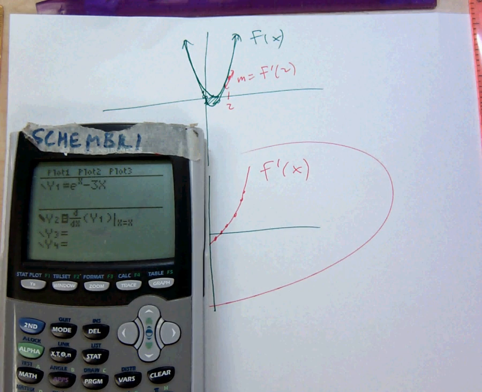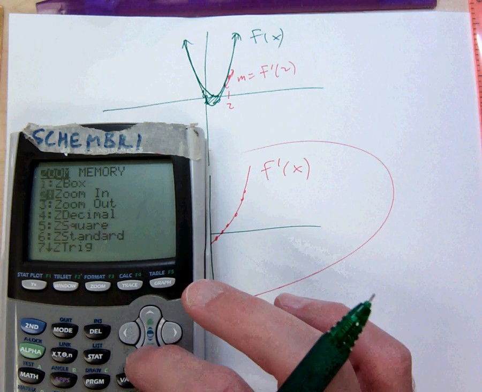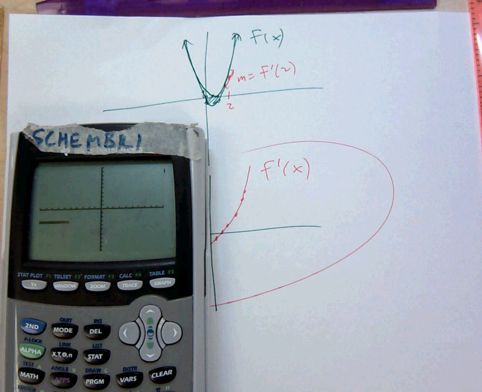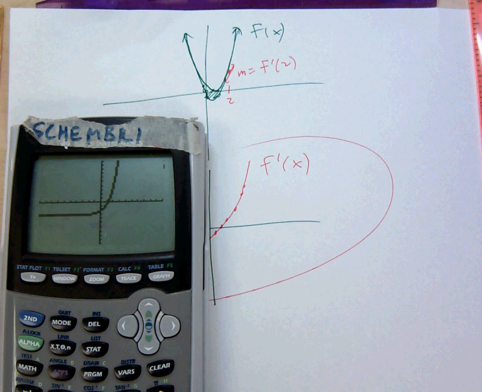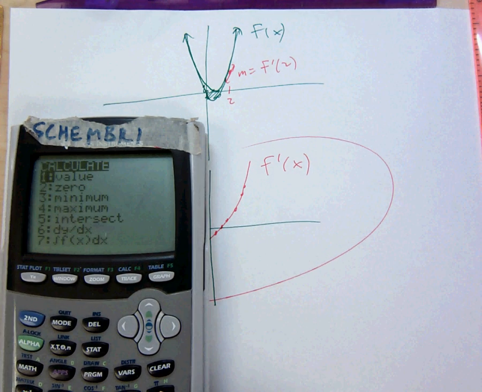And so here we go. I'm going to hit zoom Z standard again. So now I'm only looking at the derivative. So watch what I'm going to do now. How can I find a y value? This is algebra 1 stuff now. How do I find a y value here on my calculator for any x value? I do second trace, value.